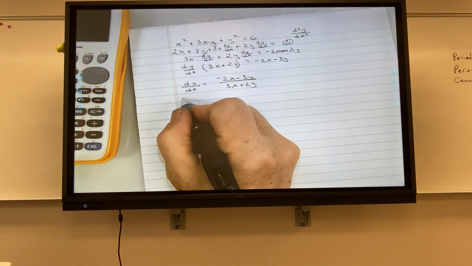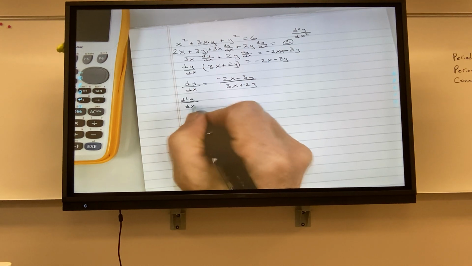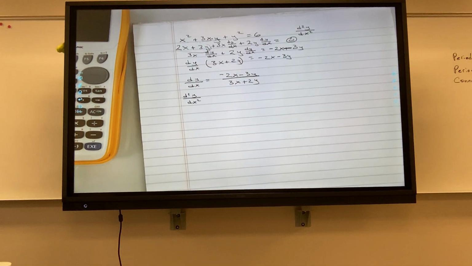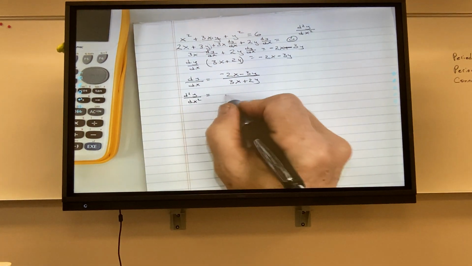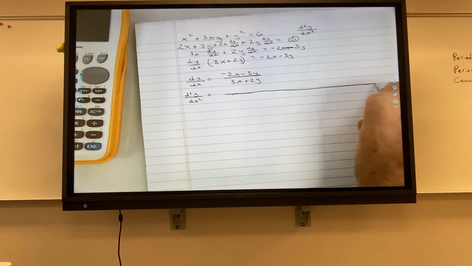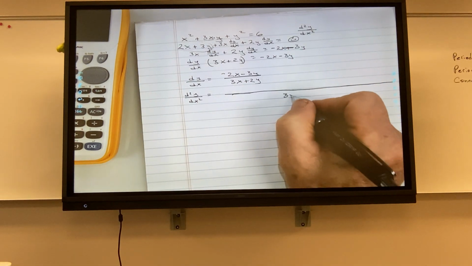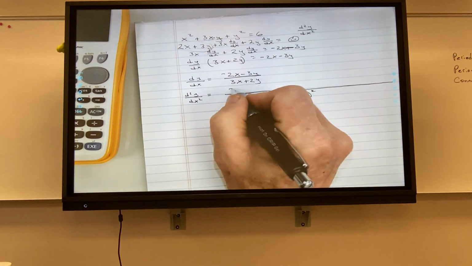Now we have to figure out the second derivative, correct? What must we do this time? Quotient rule. Okay? So what am I going to write on the bottom? You do 3x plus 2y, all that in parentheses squared. And then rewrite it up here?